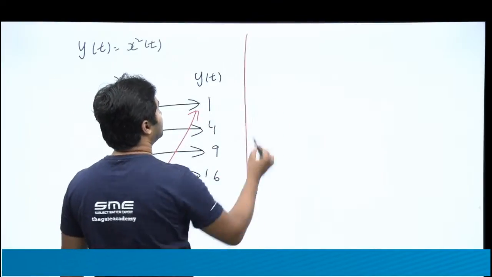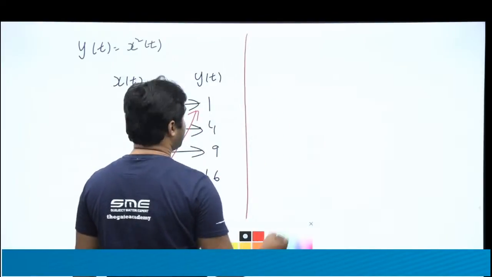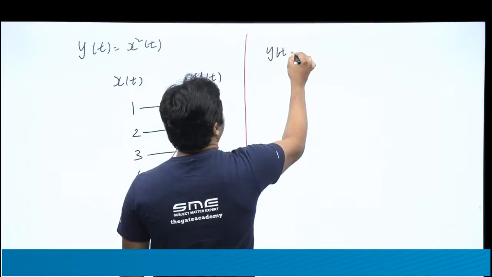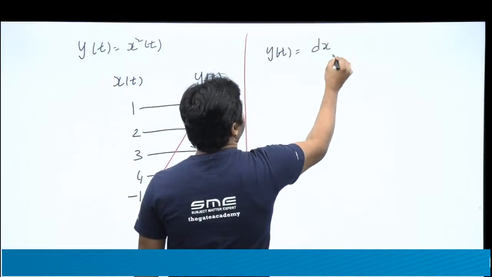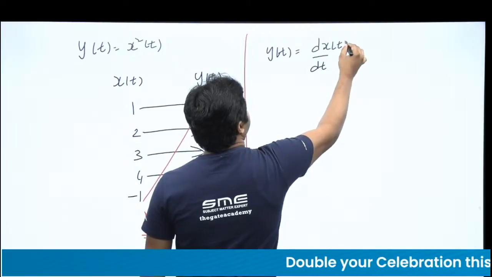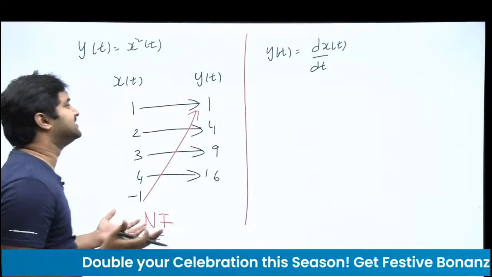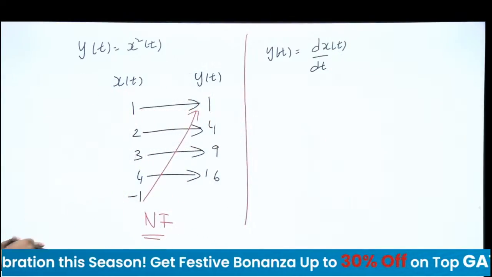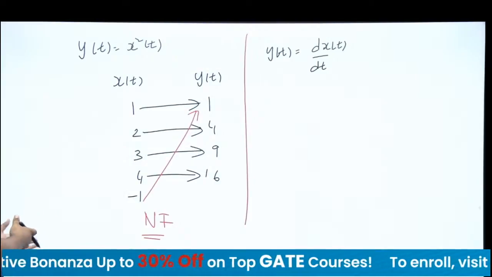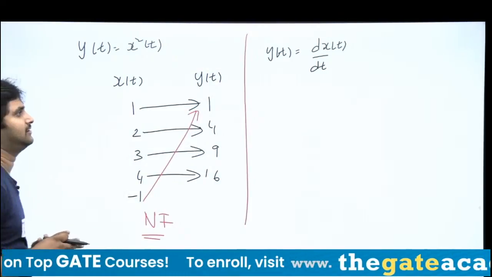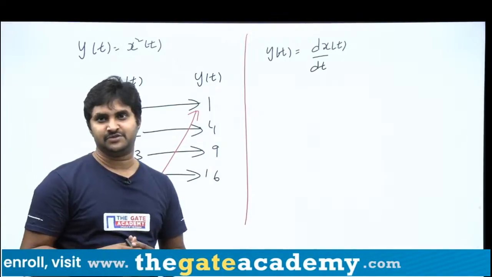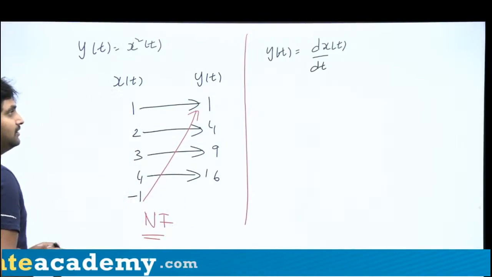What about y of t is equal to dx by dt? It's a derivative. So we generally think, sir, derivation, integration. If I have a derivative, the opposite is integration. It is possible, right, sir? But is it really?